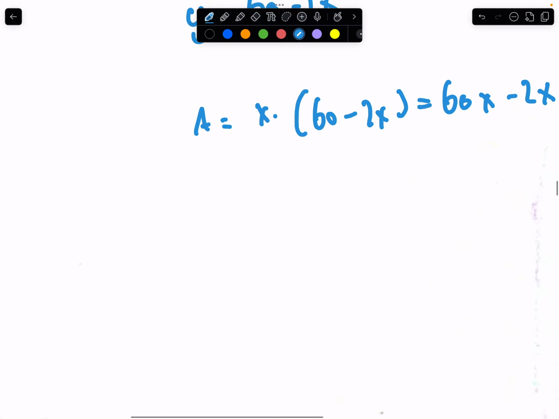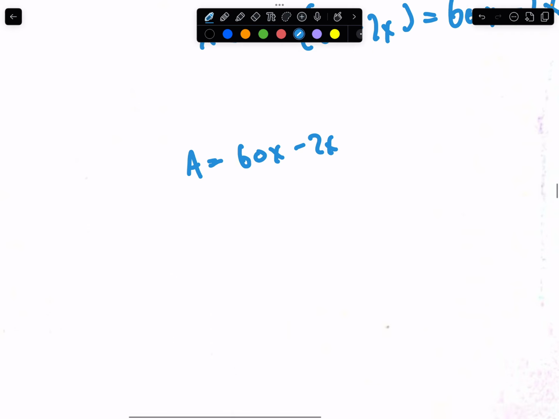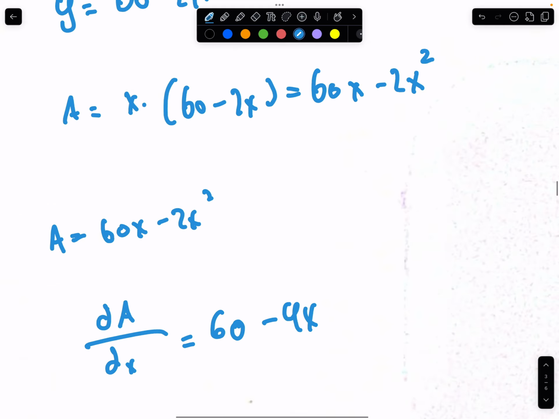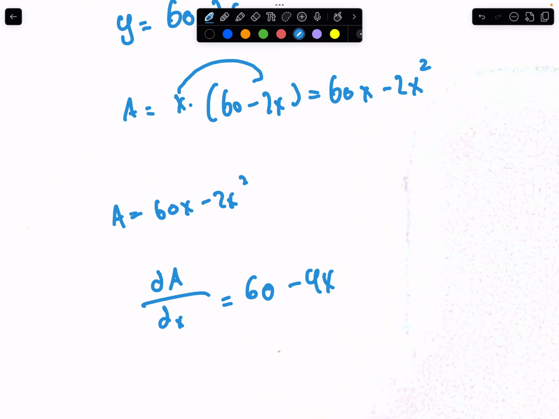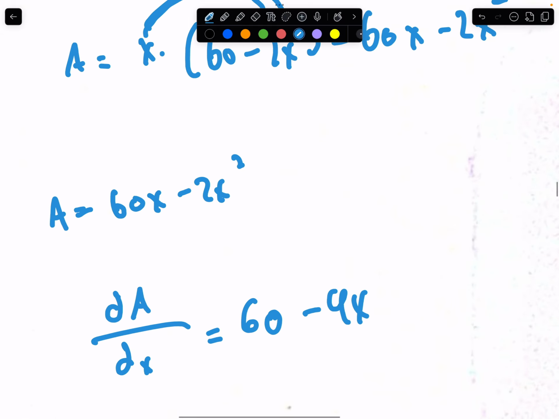So we start with A equal to 60x minus 2x squared, and to differentiate that, we're going to get 60 minus 4x. What you do here is the power comes down and multiplies with the 2.